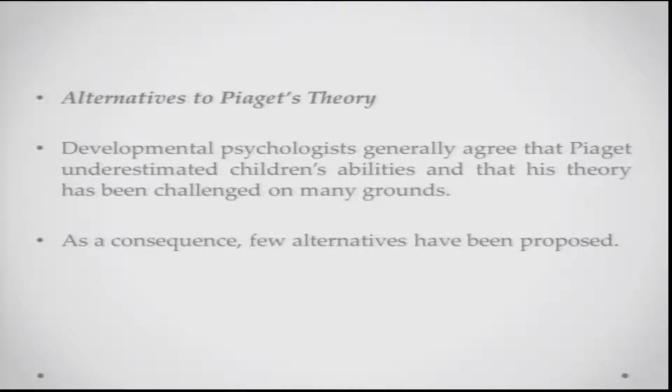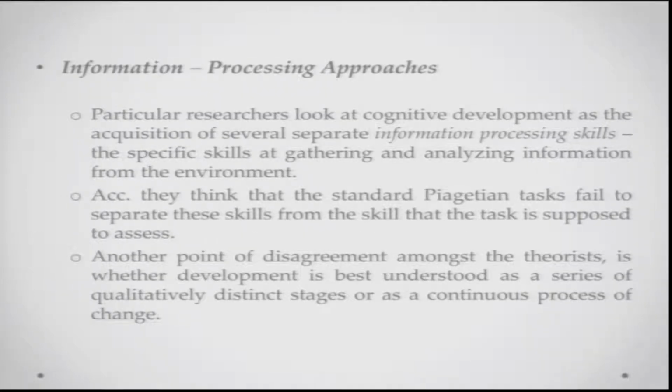Now ever since that time a lot of alternatives to Piaget's theory of development have been offered. Developmental psychologists generally agree that Piaget must have underestimated children's ability, and that his theory can be challenged on many different grounds, but they have come up with different alternatives, and not all of them have really worked out so well.